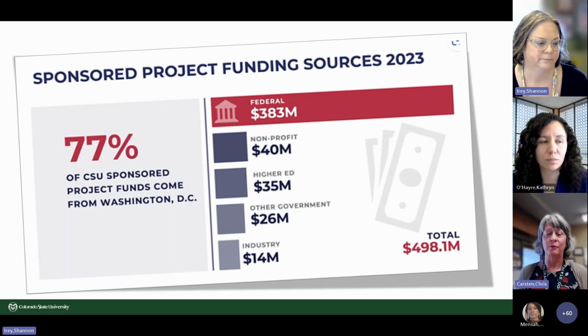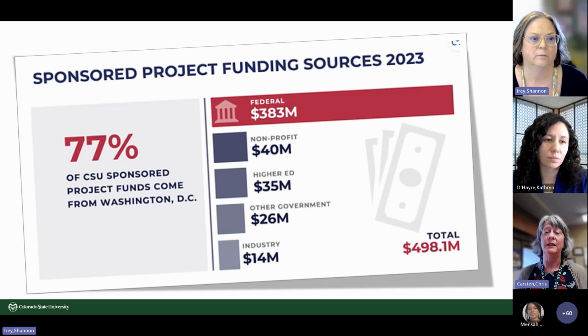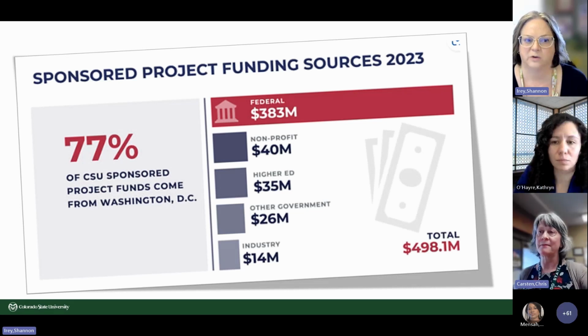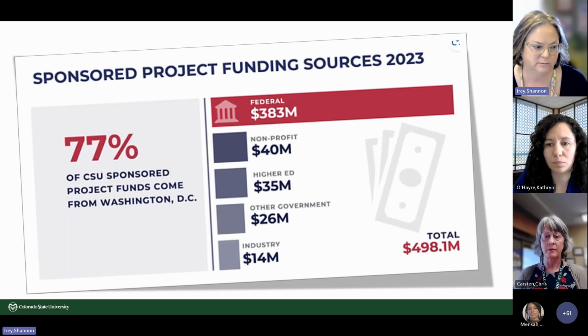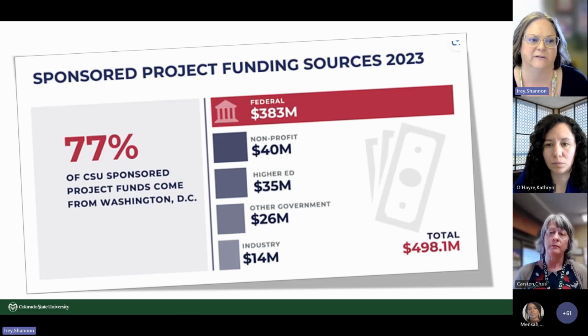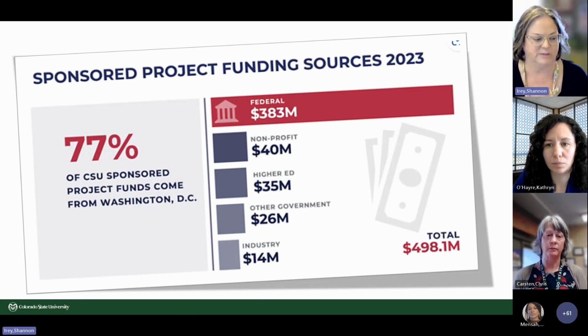This again shows that our total funding, award funding for the last year was almost 500 million. I was just going to say, I think that we saw projections for next year we're going to be well over 500 million, and these are 500 million of expenditures. So that's what this number is about.